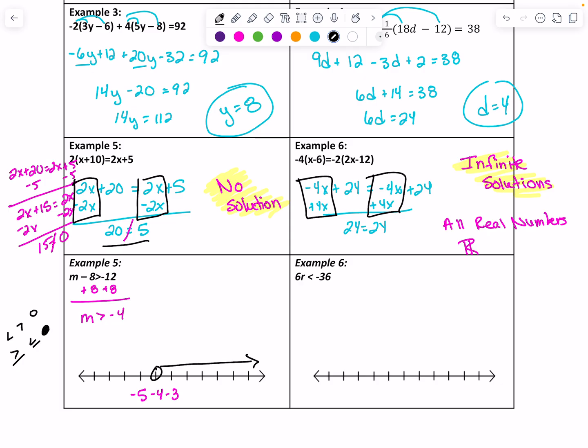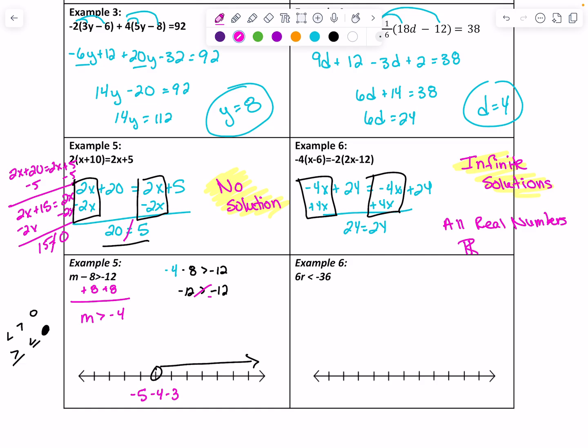So when we started this, I said a solution is what makes a true math statement. So if I have an open circle here and I plug negative 4 back into the inequality, I have negative 12 is greater than negative 12. That's not true. Negative 12 is equal to negative 12. So that's the difference between an open circle and a closed circle.